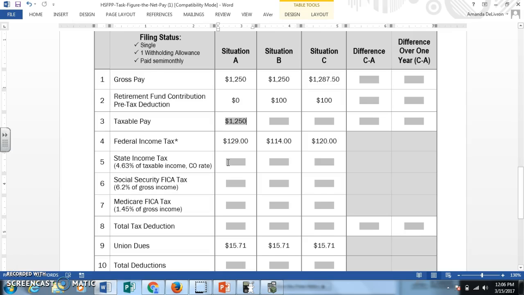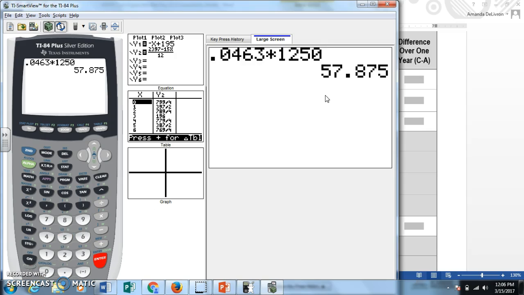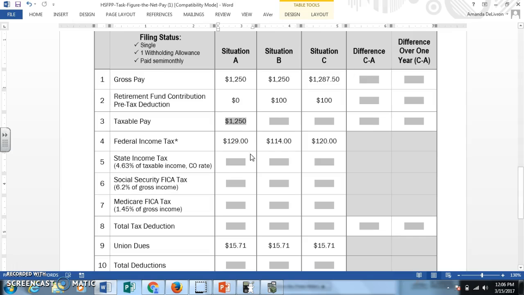So 4.63% as a decimal would actually be 0.0463. I'm going to multiply that by the $1,250, and I get $57.88, so we'd want to round that to $57.88 is how much I'm going to pay in my state income taxes.